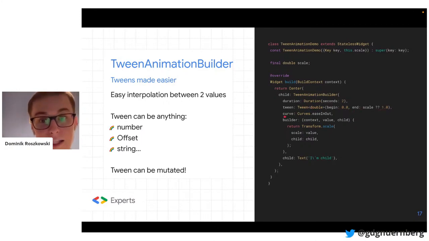And I can also apply a curve. This curve will be chained onto my tween so that I don't have to manually create the tween with a dedicated curve. So really nice API that explicitly says what do you want to achieve. You can skip this. You can maybe make the duration different and so on and so forth.